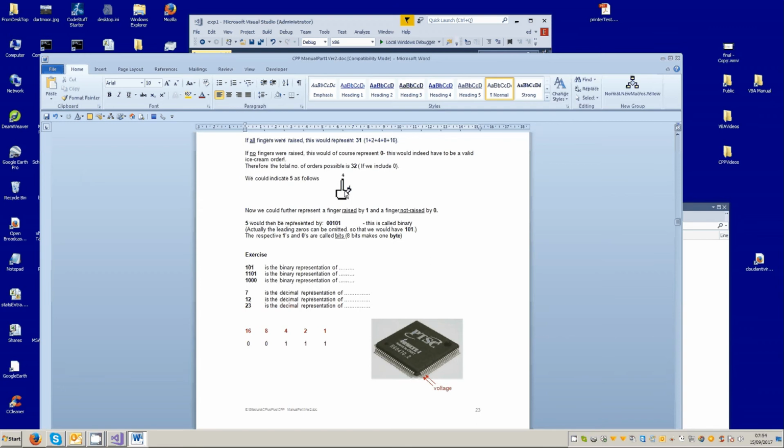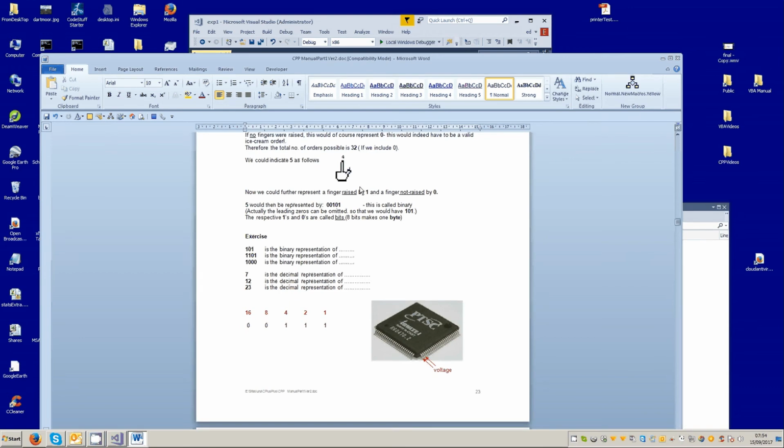What you could do then is to agree that a finger up is represented by a 1, and so the 5 here could be represented by the little finger and the other one down, the middle finger up, the index finger down, and the thumb up.